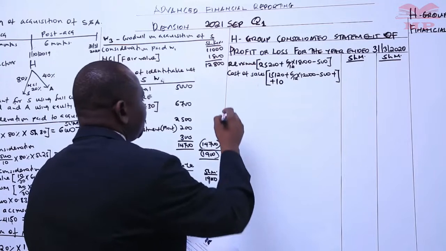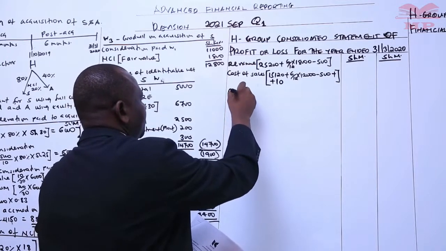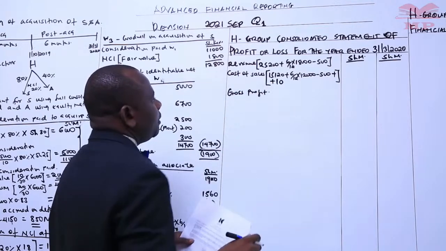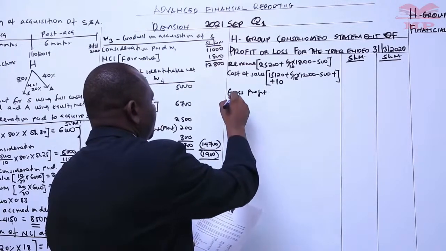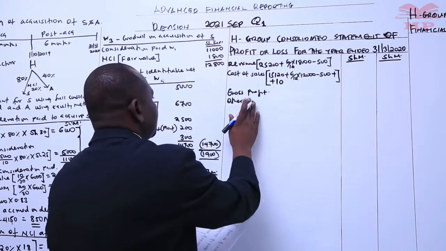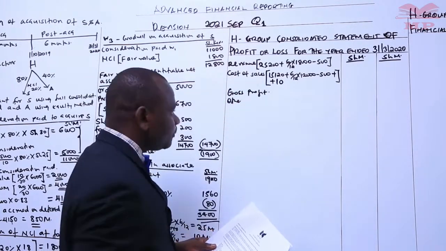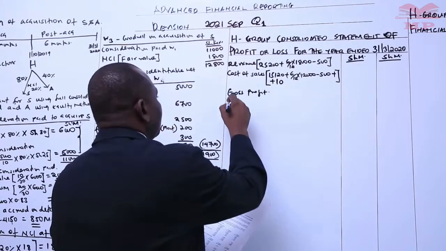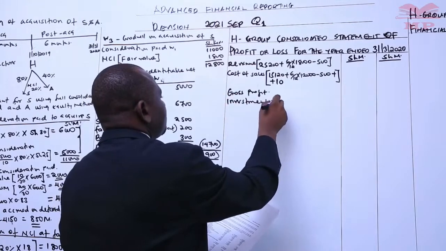We can proceed from there. So we get our gross profit here. Also think of investment income. It is provided, so we can bring it on board immediately. Investment income.